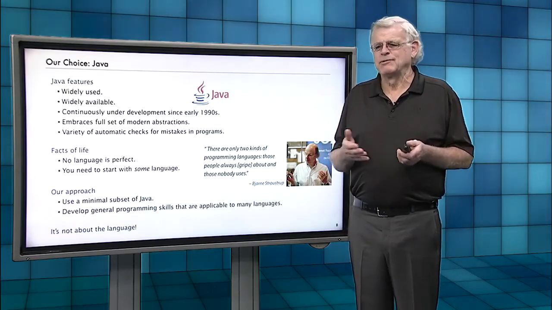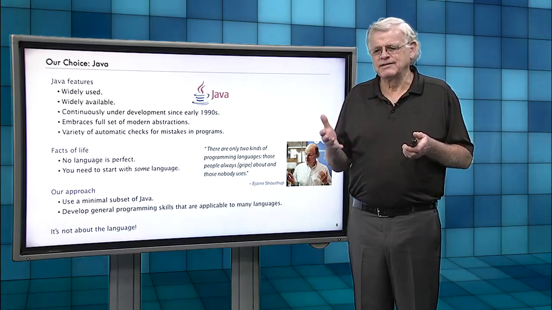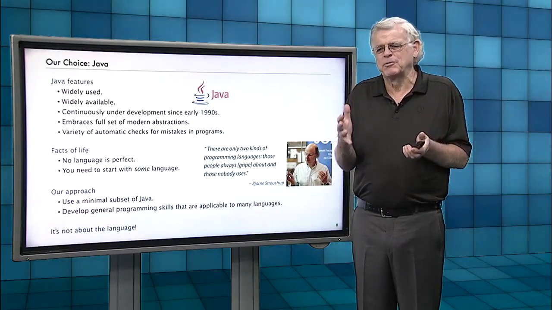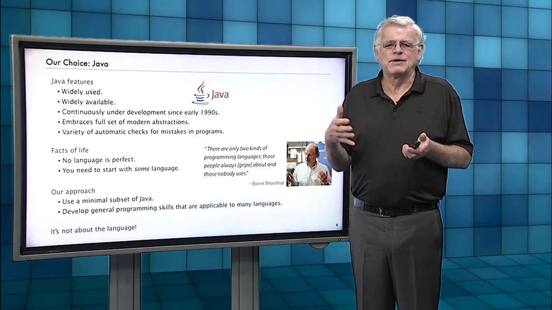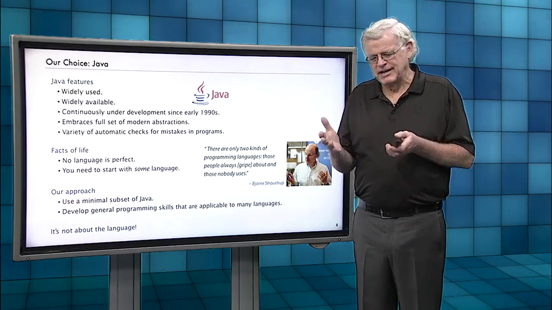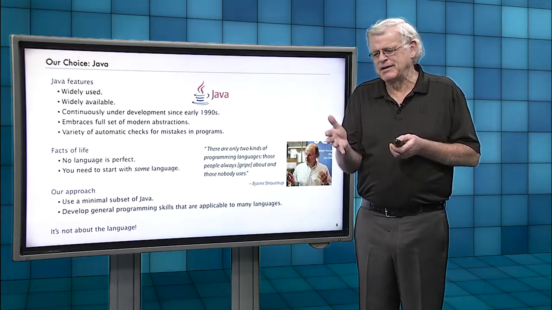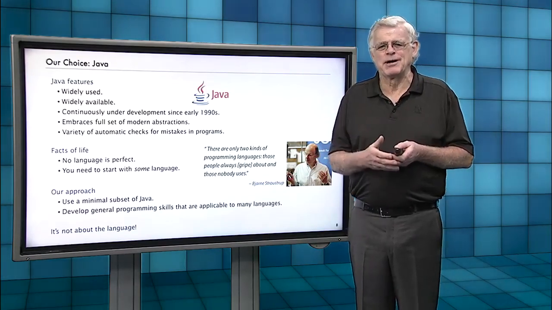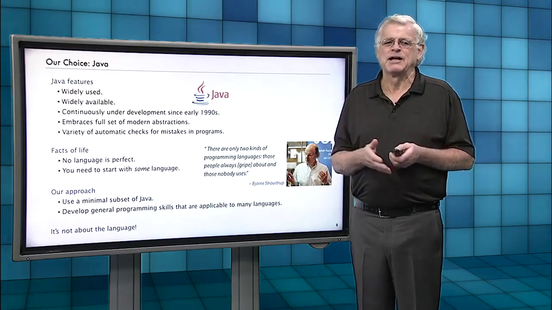It's not about the language. Once you've taken a course like this and learned one general purpose programming language well, you'll find that it's not difficult to move to another one, so long as the course doesn't spend its time obsessing about detailed properties of the language. And we're definitely not going to do that.